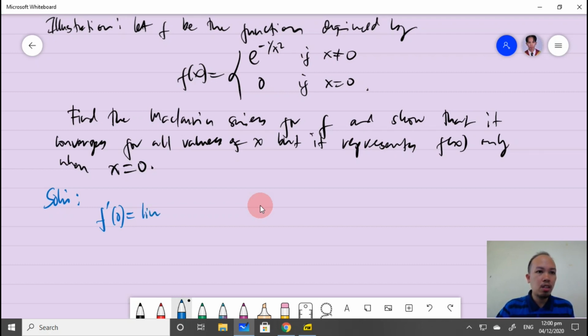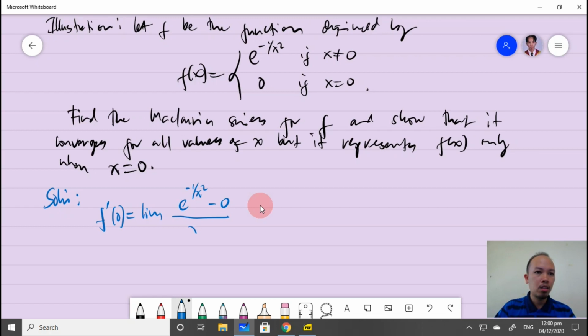As you can see in your calculus 1, the formula is f of x minus f of 0 over x. I don't know if you recall the formula, so just scan your notes.